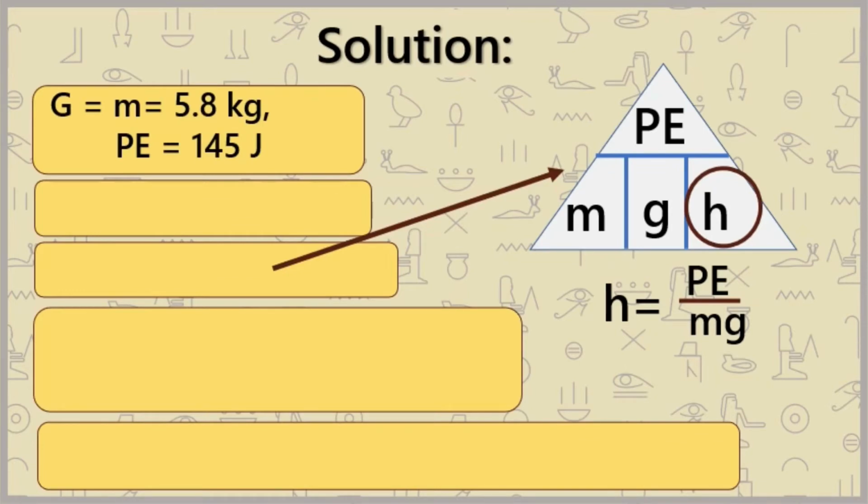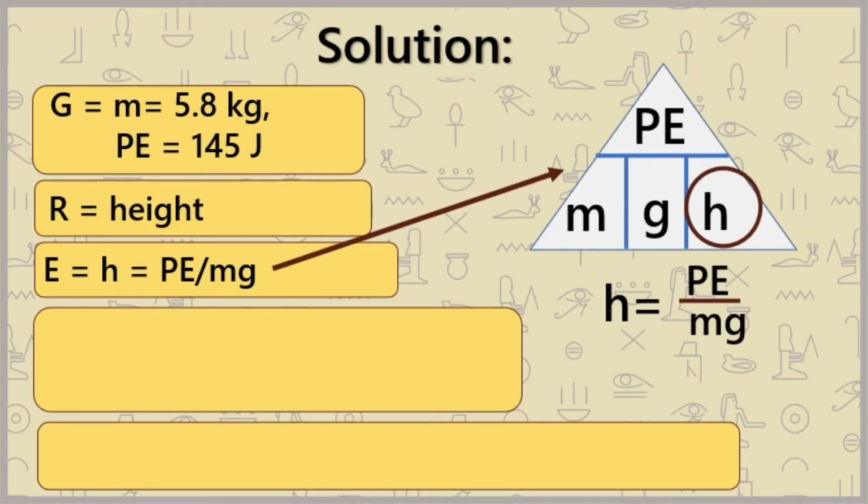Given is mass equals 5.8 kilogram and the potential energy given also is 145 joules. So what is the required for this problem? Correct, it is height. So now as you can see at the right side of the screen, we have here a triangle method. This triangle method includes the variables on the formula.